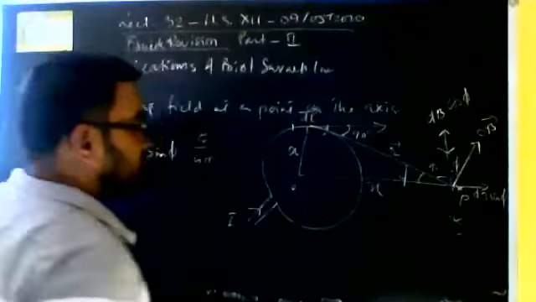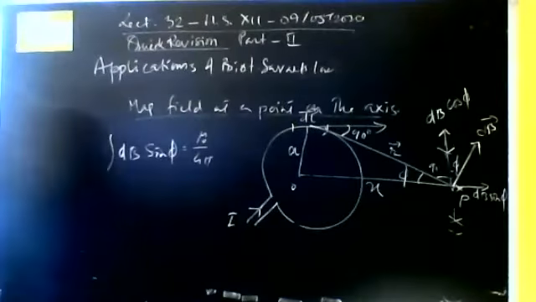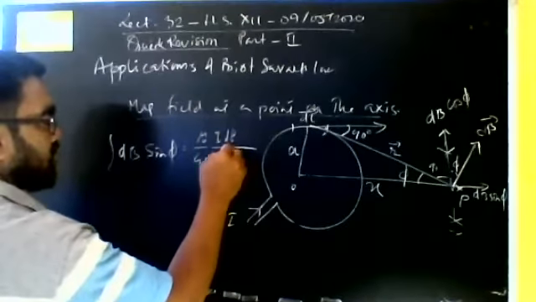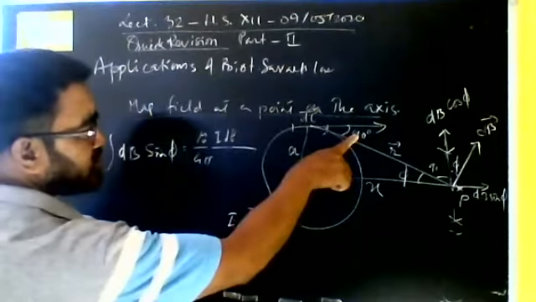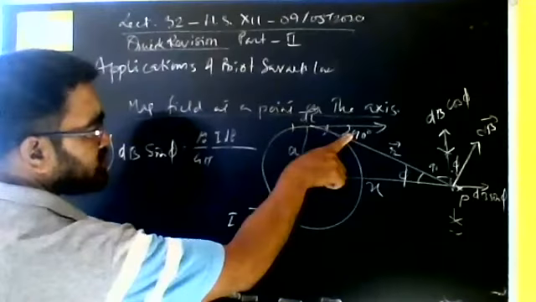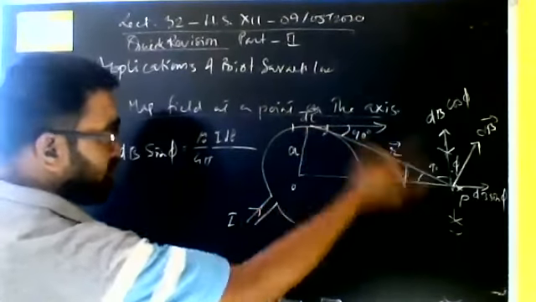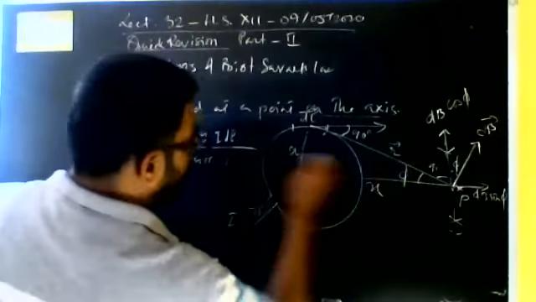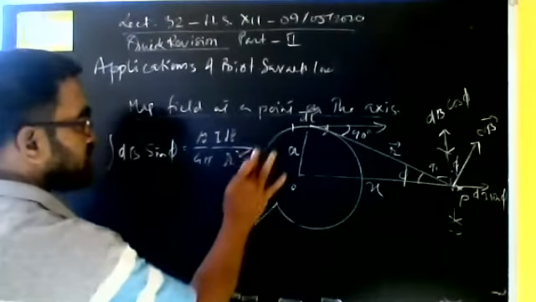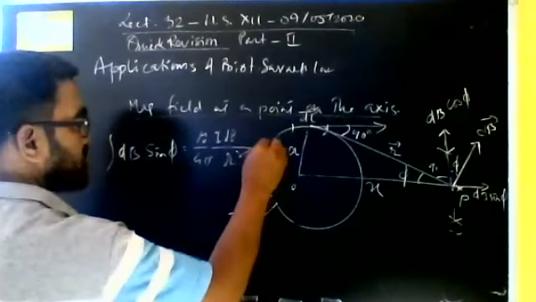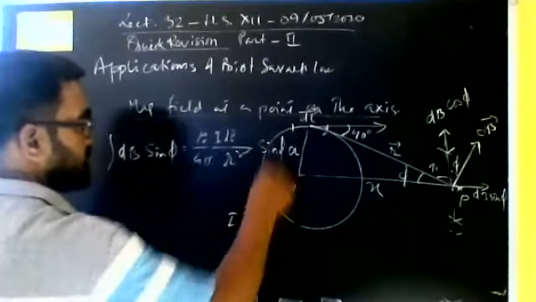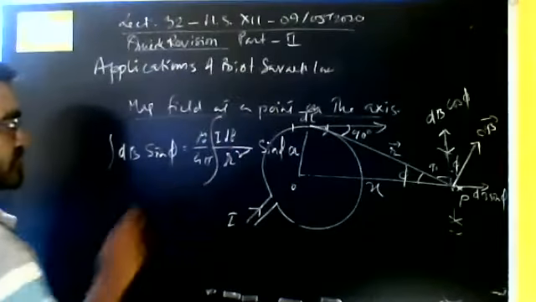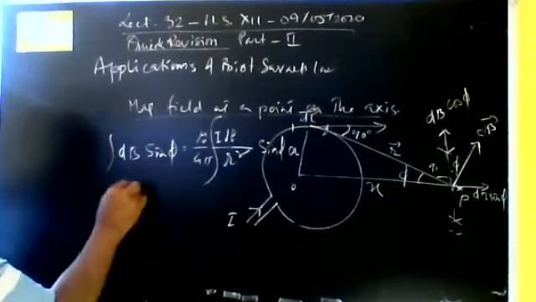Mu naught by 4 pi, I dl sin 90 degrees over r square, and sin of phi. The angle between dl and r is 90 degrees, and sin 90 is equal to 1. So r square in the denominator, and sin of phi, with the integration remaining.